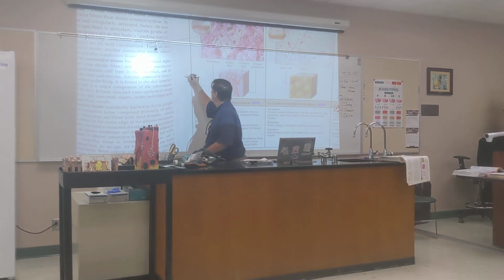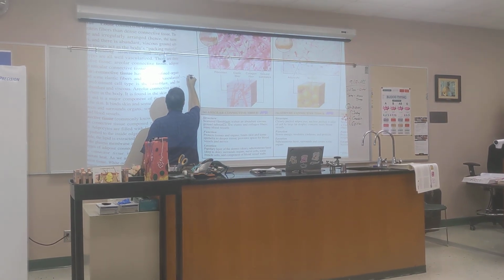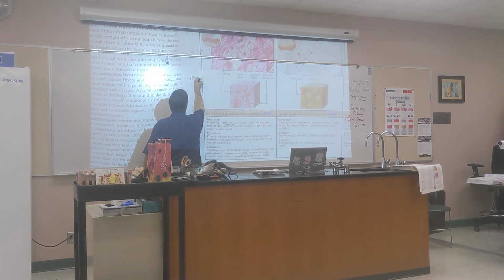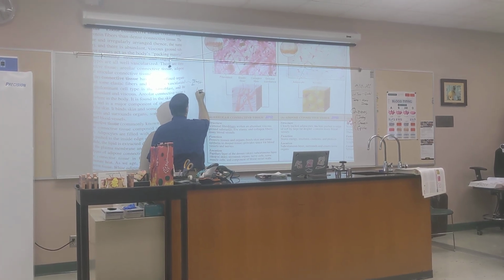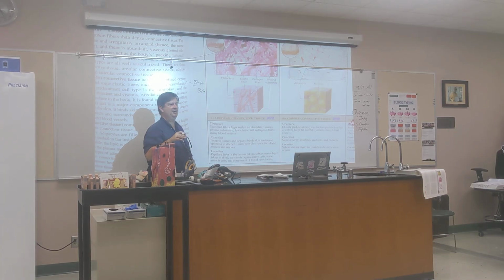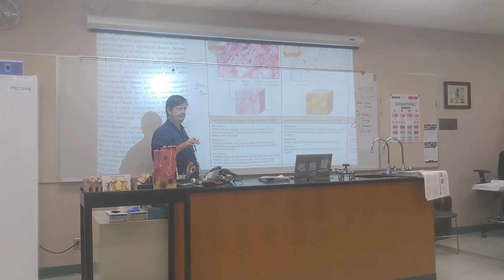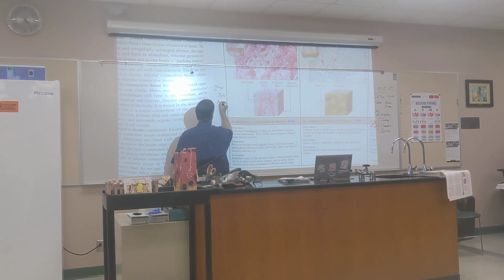When you see blast, the B should remind you of baby, because that cell might grow up to be something else. Okay? But it should also remind you of builder.